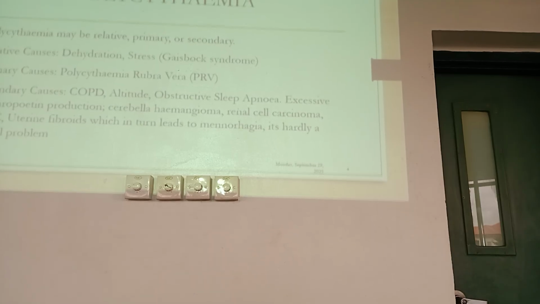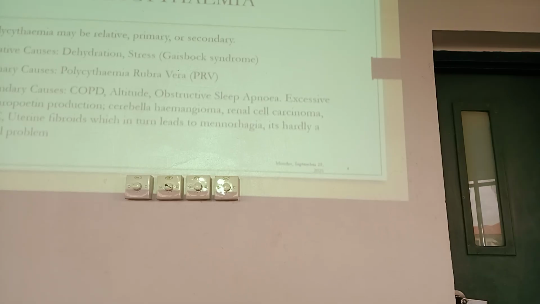These are the listed causes I have here. Secondary means that there is a disease ongoing in the body that is resulting in an increase in the PCV. Usually, if you want to start from the head to the pelvis, you can group these diseases of secondary polycythemia into appropriate stimulation of erythropoietin and inappropriate stimulation.